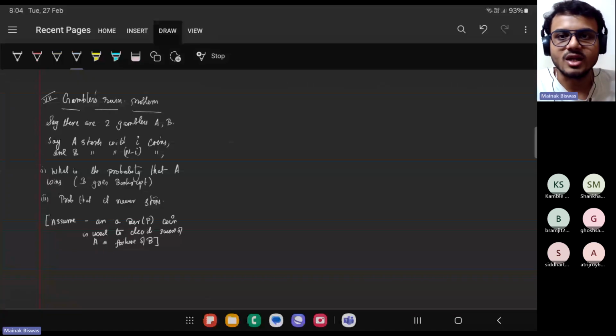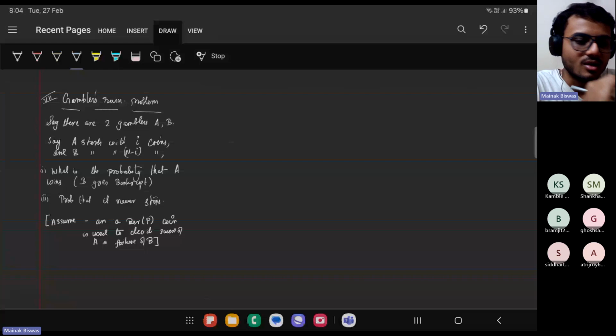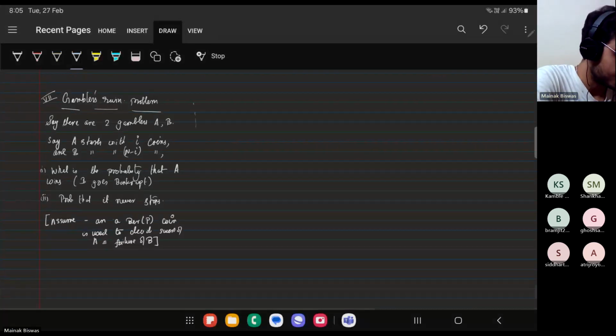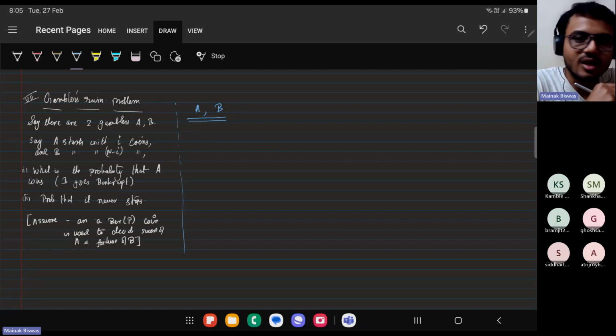So the question we were referring to last day was the gambler's ruin problem, which we couldn't get time to complete. The question says that there are two participants in a gambling game, A and B. Each starts with a sum of n coins.